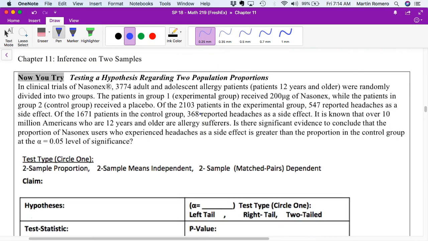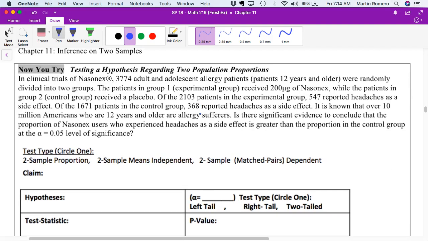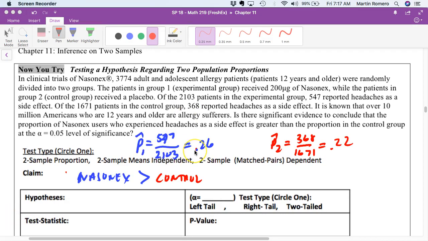Looking at testing a hypothesis regarding two population proportions. Here's another example. Go ahead and read that, and I'll set some of that situation up. We're looking at an experimental study with random groups. Of the people who took the drug, 26% got headaches.